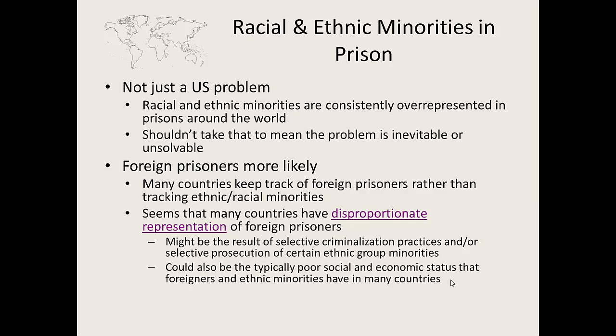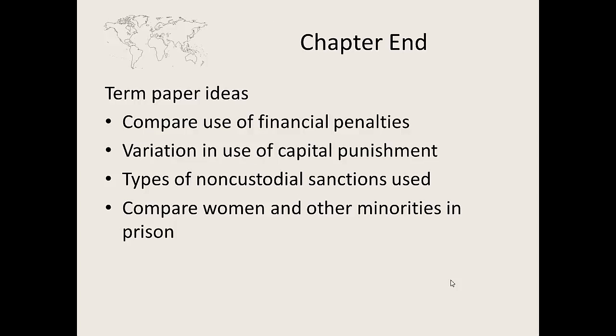This obviously also makes for an interesting point of comparison if you were to consider that as being a topic for your term paper. So the chapter ends then, or at least this PowerPoint presentation ends, with some suggestions for ways that you might incorporate some of these topics into your term paper. Comparing countries on the basis of how they use financial penalties, taking a look at how capital punishment is used differently or not used at all in countries of your choice, types of non-custodial sanctions in addition to probation.